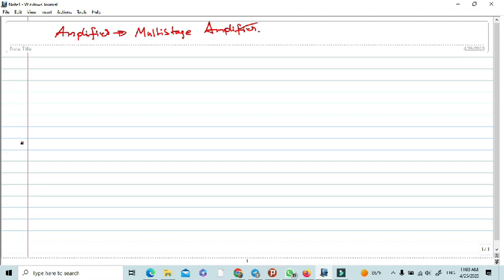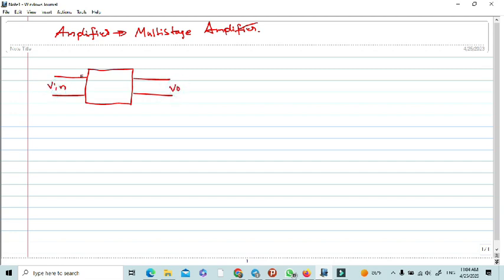So everyone knows in the single stage amplifier, for example, this belongs to one amplifying circuit. You have to consider this is for one amplifier circuit. So every amplifier circuit has an input and an output.